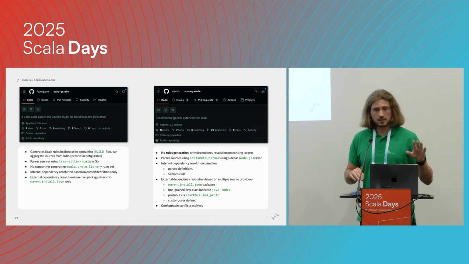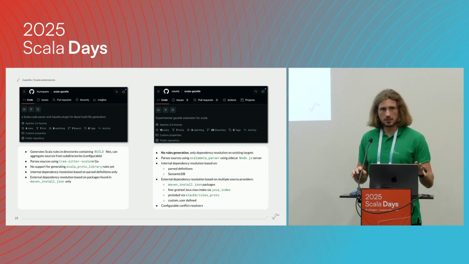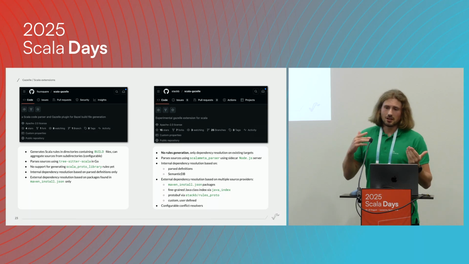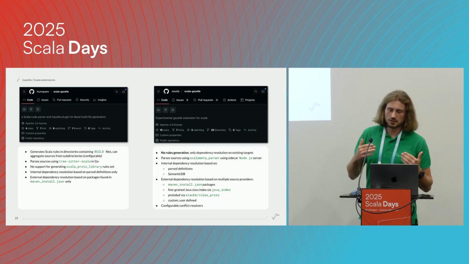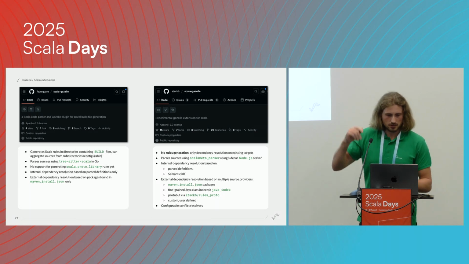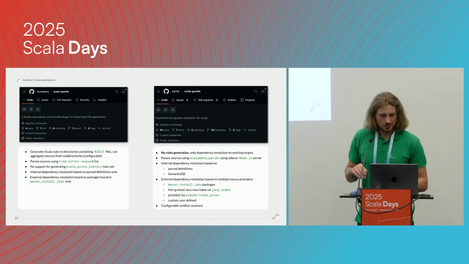Currently it's limited mostly to Scala 2.12 and 2.13. However, there isn't that much work to make it work with Scala 3. It's mostly about modifying their logic and adapting the tree-sitter with some special handling, for example, for the extension methods, for the exports, all the new stuff that was added in Scala 3. I have that in my fork, and I'm going to contribute it to the original repository after the conference.